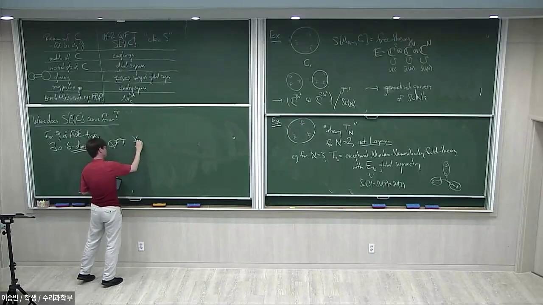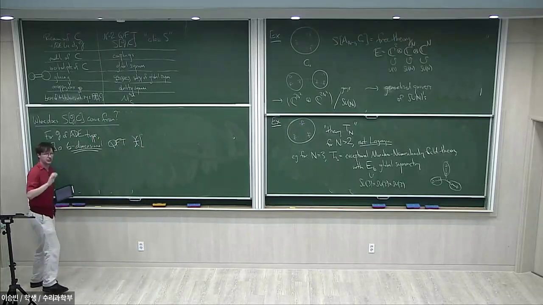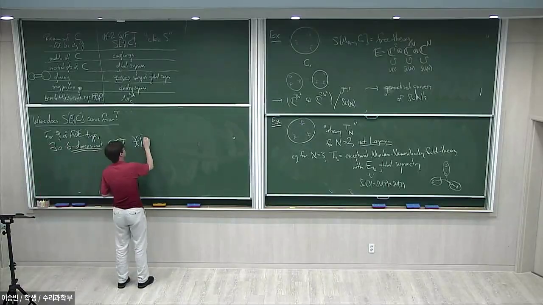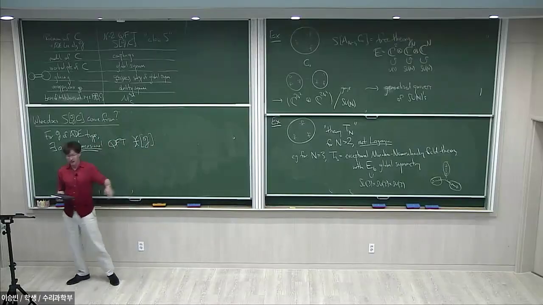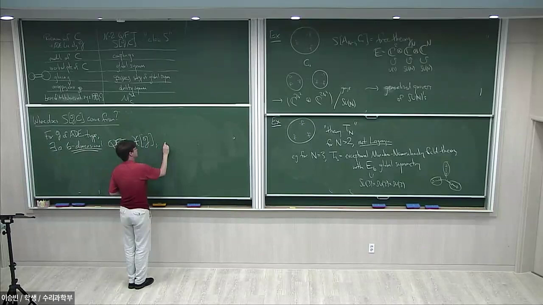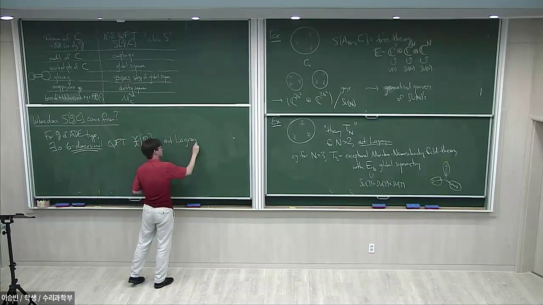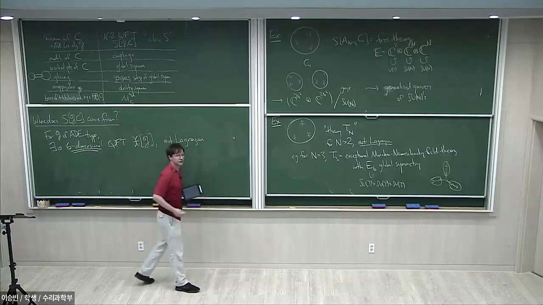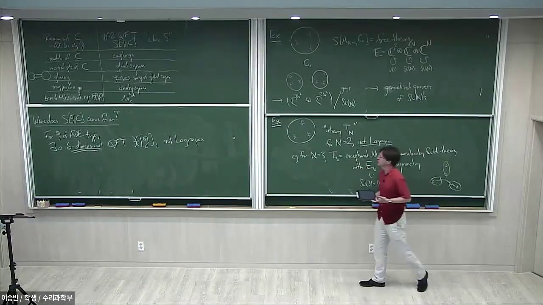It doesn't have a great name, but sometimes people call it theory X. So theory X, which depends now only on the data of a Lie algebra and nothing else, is not Lagrangian, so we don't know how to describe it in elementary terms. All of its constructions, at least so far, use string theory in some way.